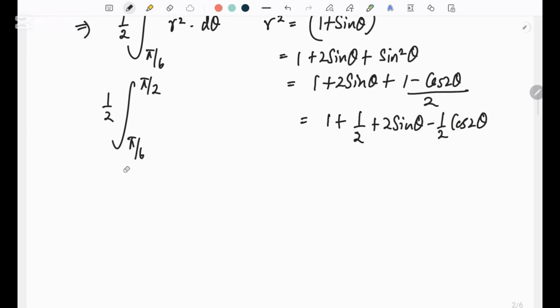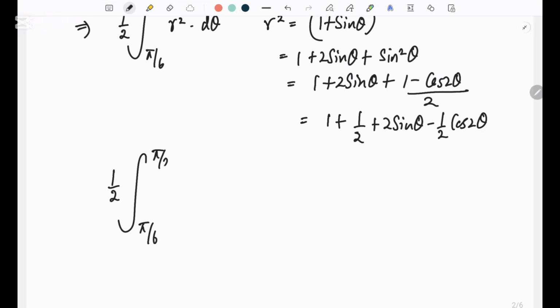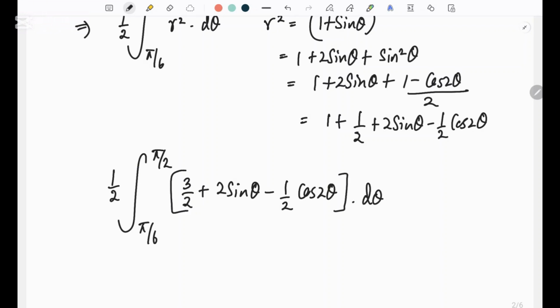So instead of integrating 1 plus sine theta in brackets squared, you could integrate 1 plus half, which is 3 over 2, plus 2 sine theta minus half cos 2 theta. This is all you have to integrate, right?